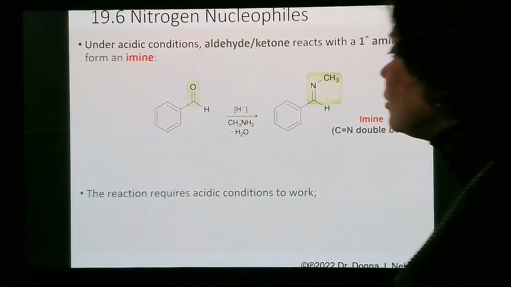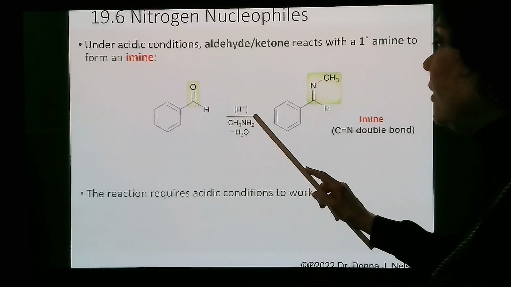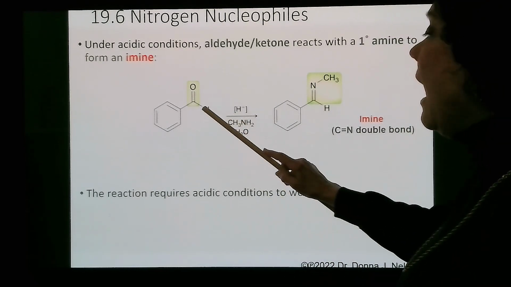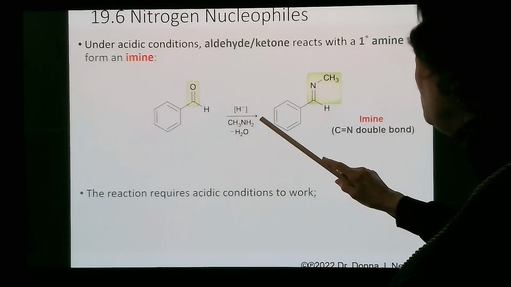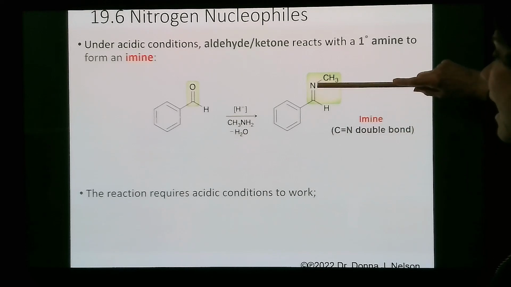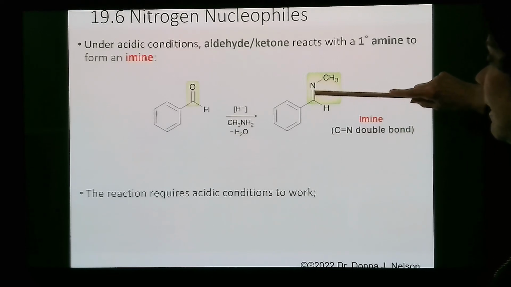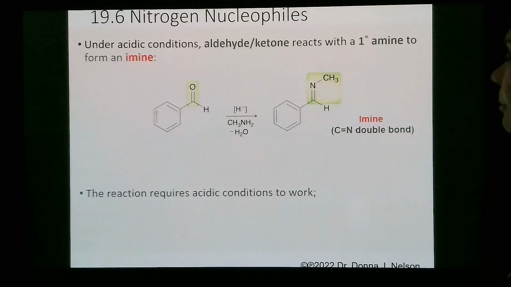So now let's look at nitrogen nucleophiles. This is under acidic conditions. An aldehyde or ketone will react with a primary amine to form an imine. An imine is a molecule that has a carbon-nitrogen double bond.